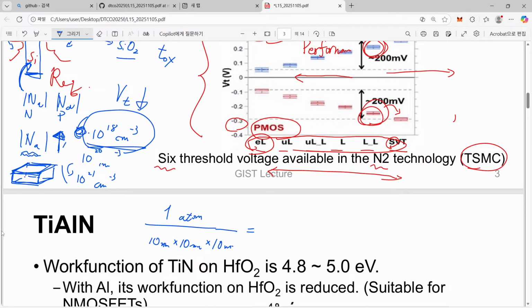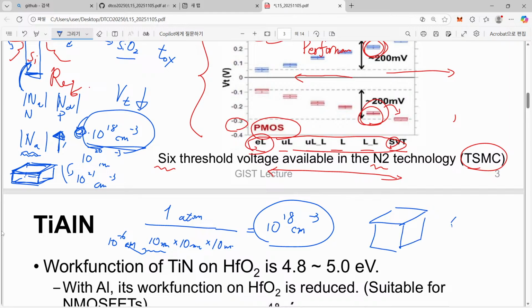If we have this small cube and just one additional atom, that corresponds to 10 to the 18 per cubic centimeter, because 10 nanometers is 10 to the minus 6 centimeter, so this corresponds to 10 to the 18.